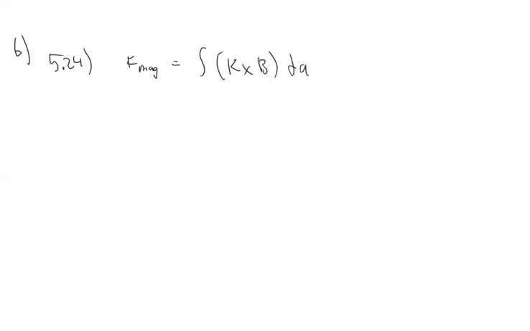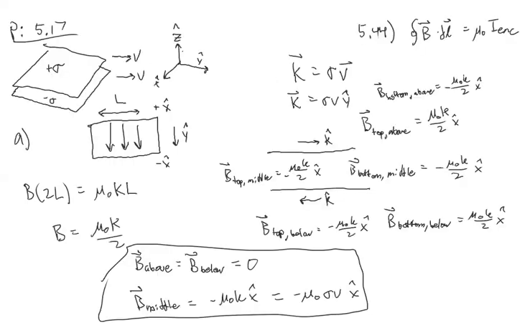Now, what we're looking for is the magnetic force per unit area. So we divide the force by the area, and we will get just K cross B. Now, if we recall, K is sigma v y hat.